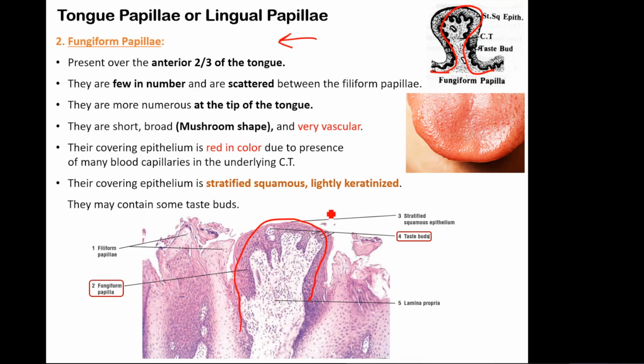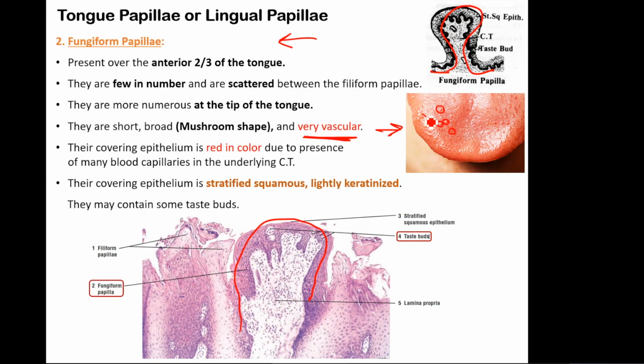And you can see them in the mirror. Why? Because they are very vascularized, and when you eat something chili, you will see that they are like red dots on your tongue. Look at the tongue here, guys. Look at the red papillae here.